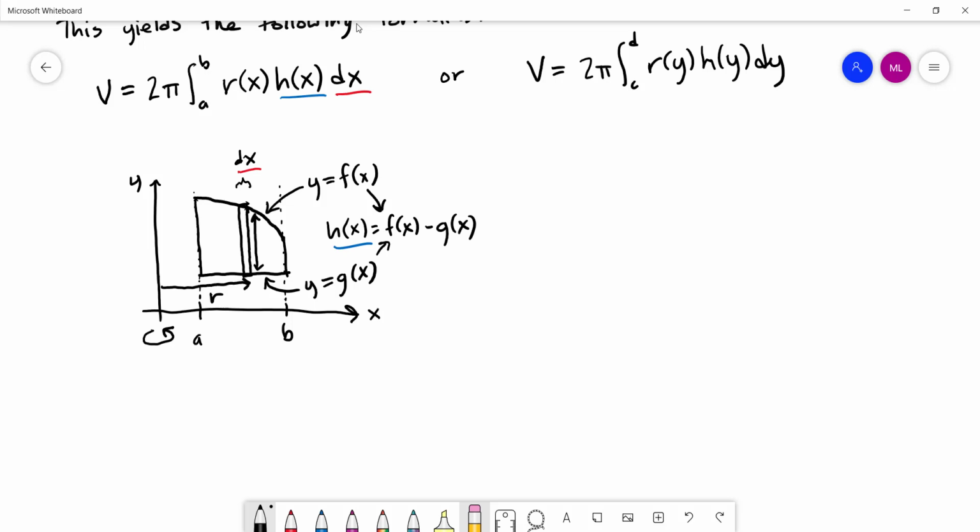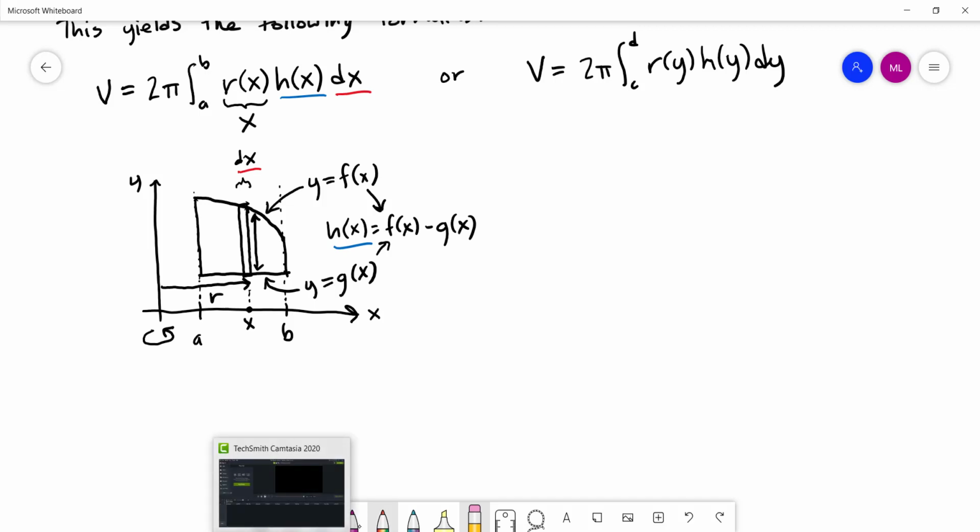So there's my r, the distance from the axis of rotation out to where the rectangle is. And notice, all that r is just whatever the x coordinate is of where this rectangle is occurring. So even though this looks like an r of x, we can really replace this with just x.